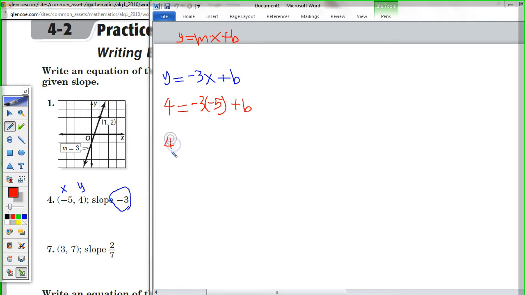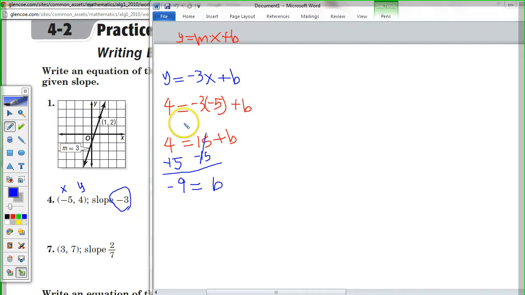Alright, so -3 times -5 is 15 plus b. In order to find out what my b is, I'm going to take away 15 on each side. Okay, and that will give me b by itself equals 4 minus 15, -9.